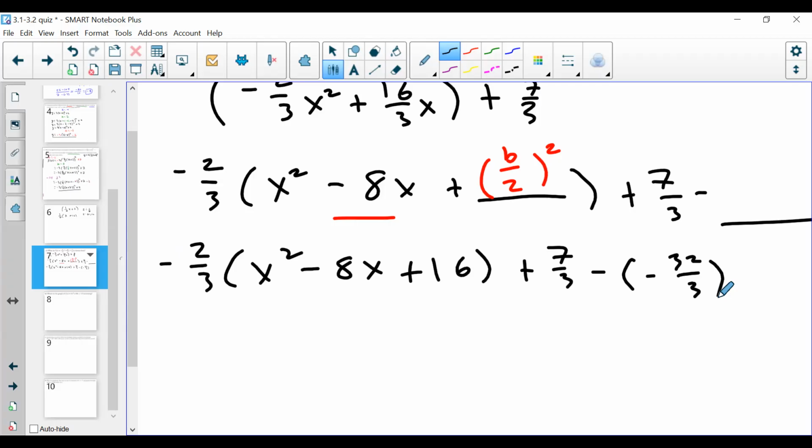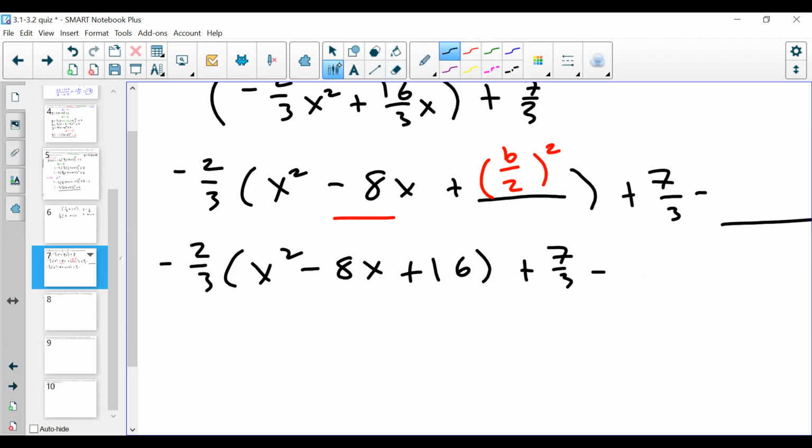Remember, what you always want to do is balance out the equation, right? I can't just add a 16 here without subtracting it on the outside. I'm not putting it into thirds. But you see this negative 2/3? This is multiplying everything inside those parentheses. So it's not just a 16 that I put in. I put a 16 times negative 2/3 on the outside. On the inside is what I put in, but I need to subtract on the outside.